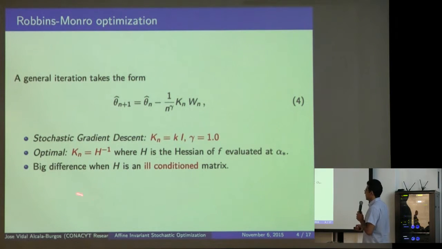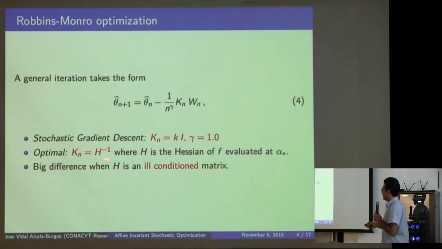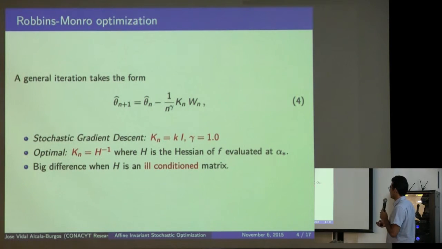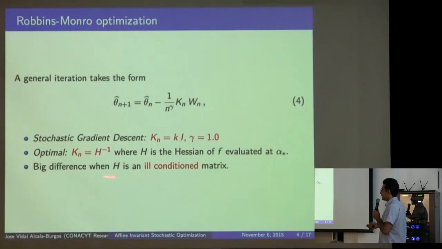Now, it is very well known that the optimal Kn to pick is H inverse, where H is the Hessian of the function that we're trying to optimize at the optimal parameter, theta. It's also well known that there is a big difference when H is ill-conditioned.